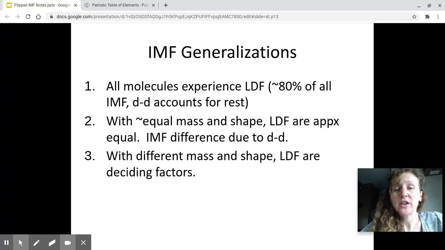If, however, you have similar formulas and you have two different shapes, London dispersion forces can make the difference in the properties between those two shapes.